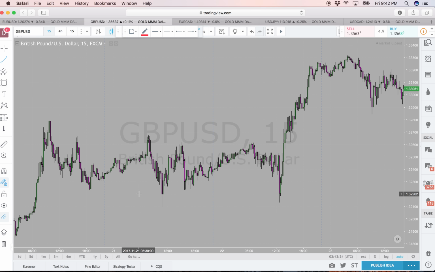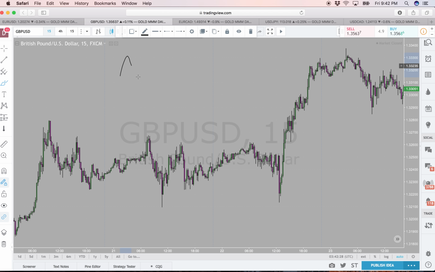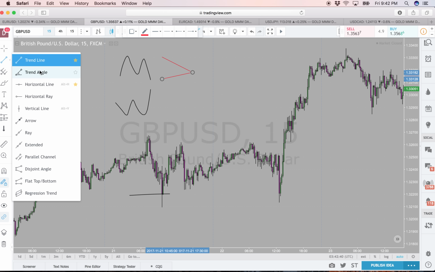It's based around the M or W formation, but also takes into consideration the wedge formation. Now, how does this work?